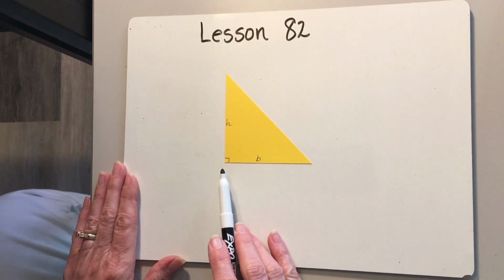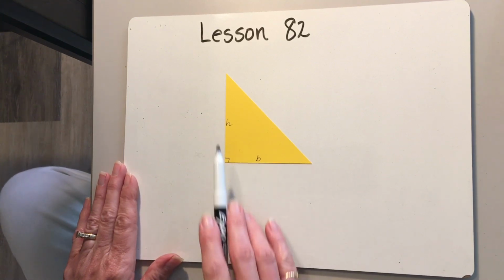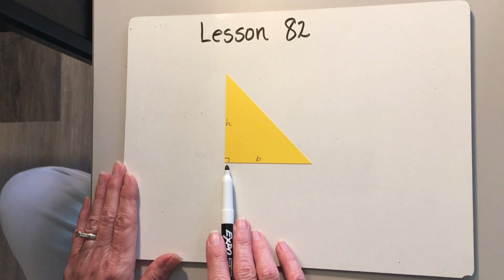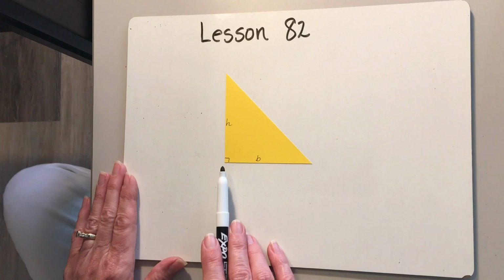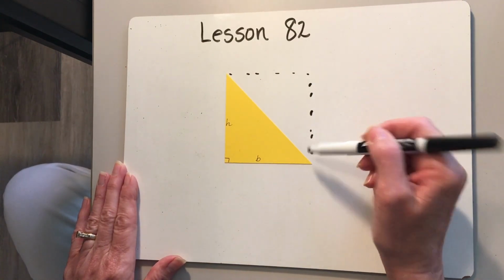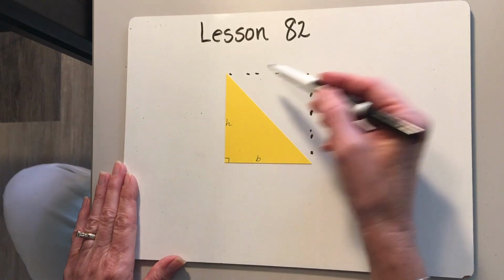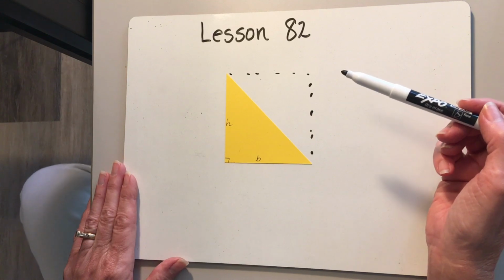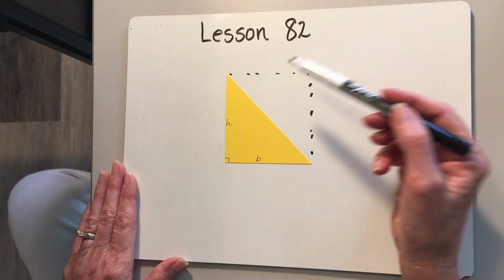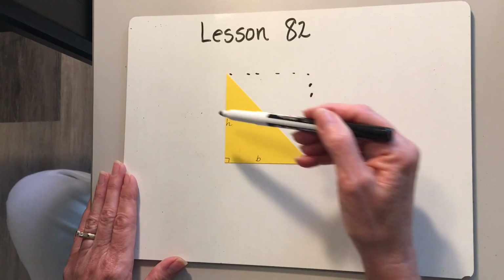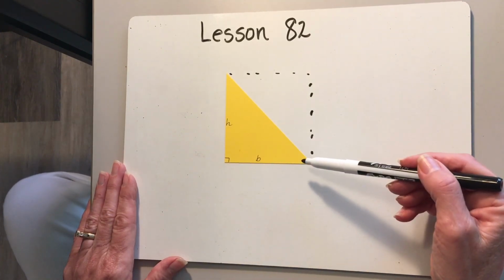Here we have a triangle. It also has two perpendicular dimensions. Remember, perpendicular means meeting at a 90-degree angle. Here is your base, here is your height. And remember that for every triangle with the same base and height as a rectangle or a parallelogram or what have you, a triangle is half of it.